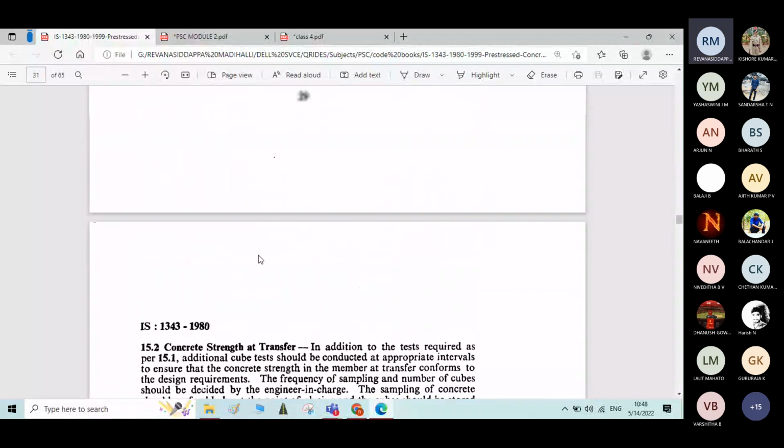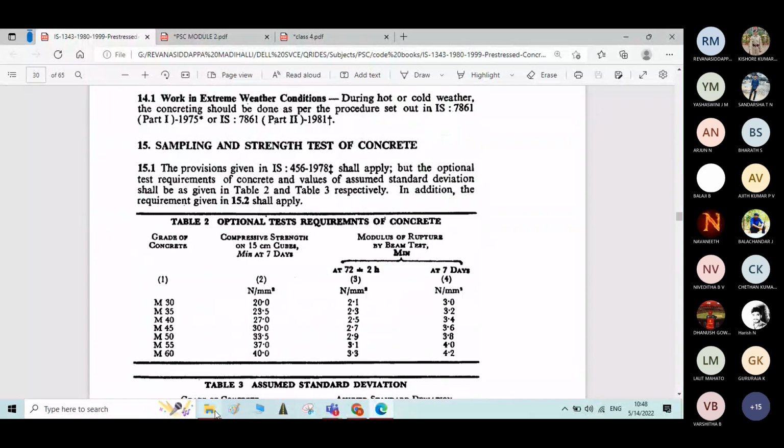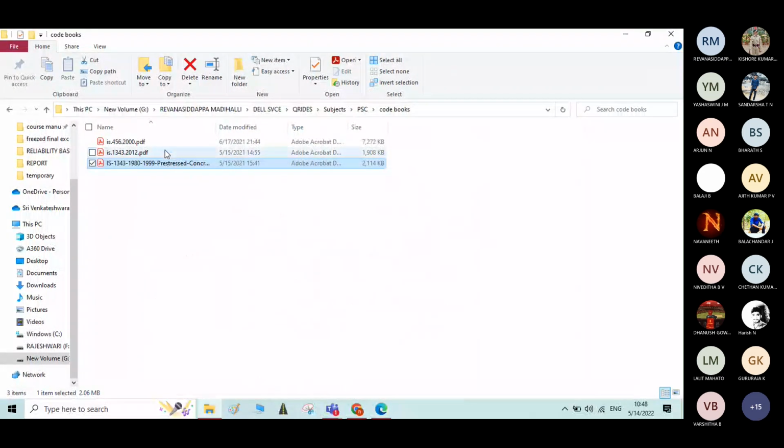Let me check it in the code book now. Yes, this is the code book.